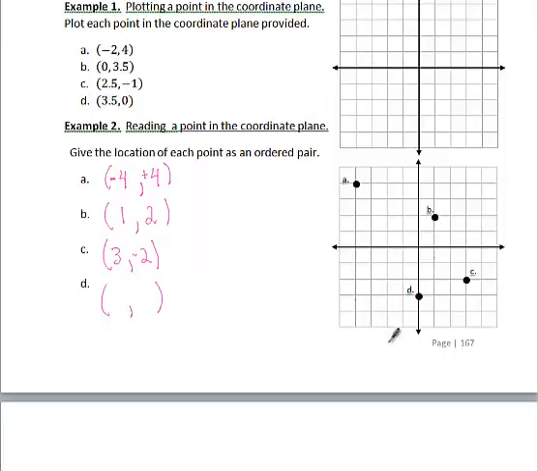And now D. Alright. For the first coordinate, the x-coordinate, it's directly below the origin. So in terms of the x-axis, we don't have to go right or left. We just go straight down. Okay.